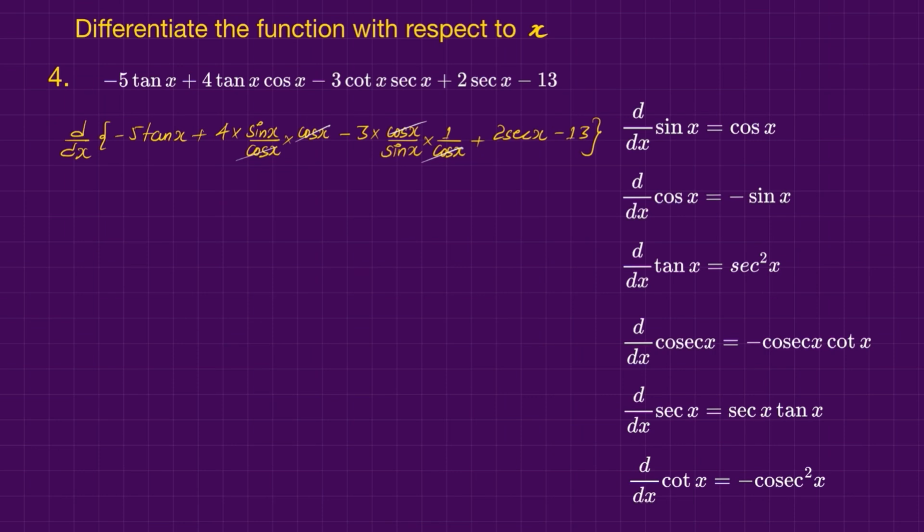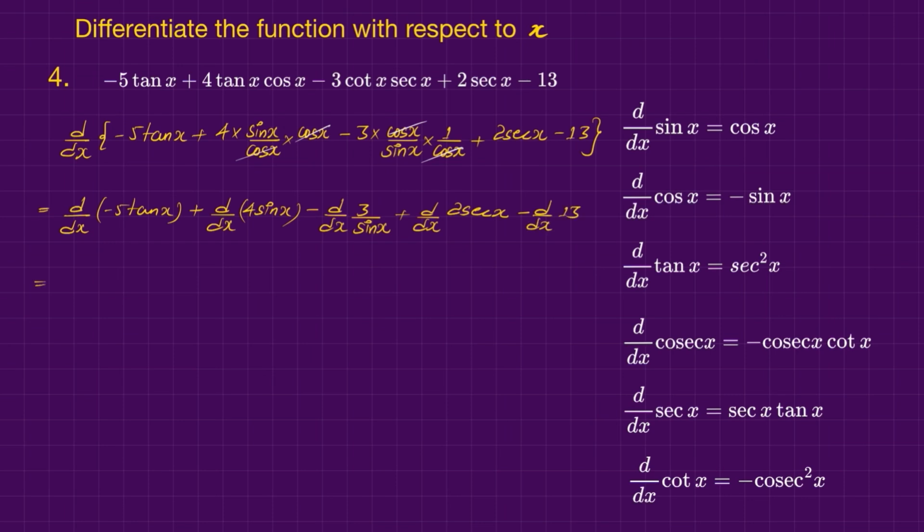So we will have, now let us distribute our d/dx also. So it will be d/dx of minus 5 tan x plus d/dx of 4 sin x minus d/dx of 3 by sin x plus d/dx of 2 sec x minus d/dx of 13.